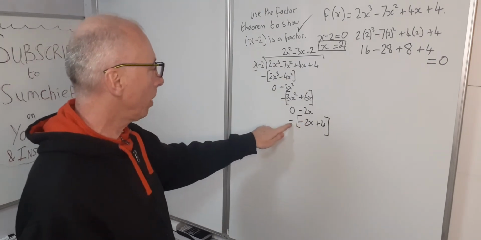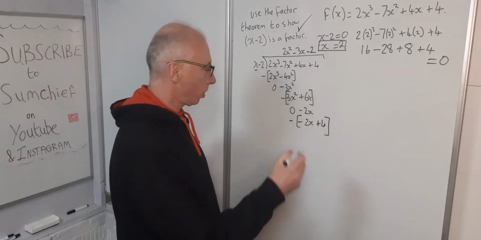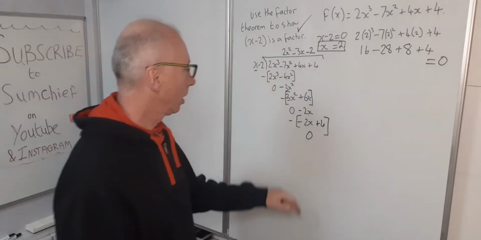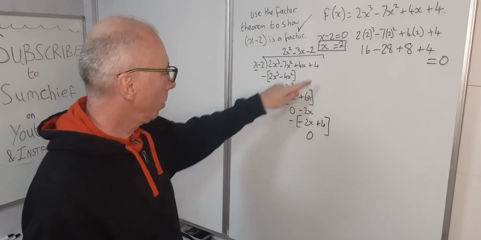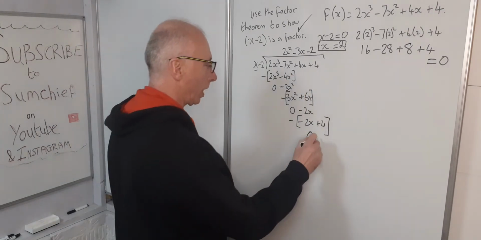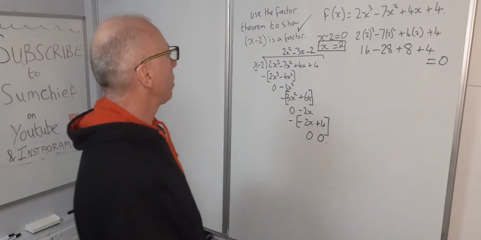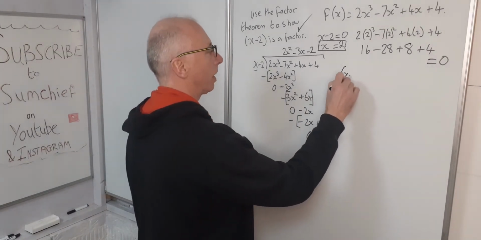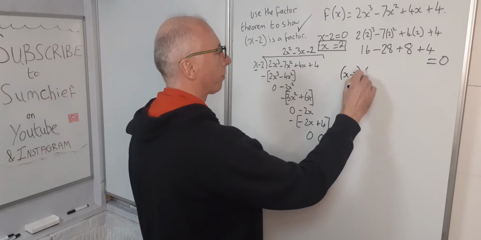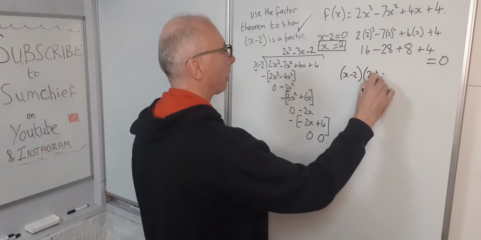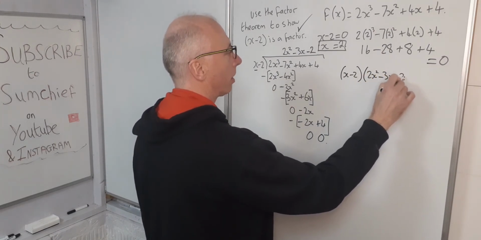So minus 2x minus minus 2x, that's 0. And then 4 minus 4 is also 0. So therefore we have no remainder. So therefore what we have is x minus 2, 2x squared minus 3x minus 2.